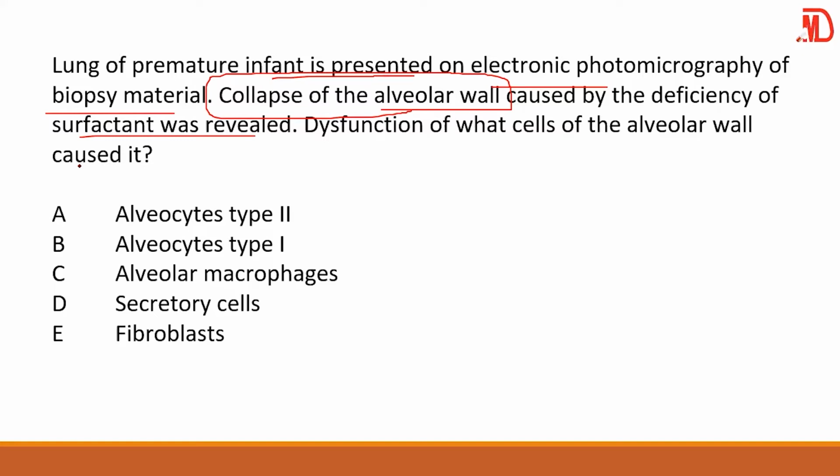Type 1 cells form part of the structure of the alveoli, and they are involved in the exchange of gases between the alveoli and the blood.